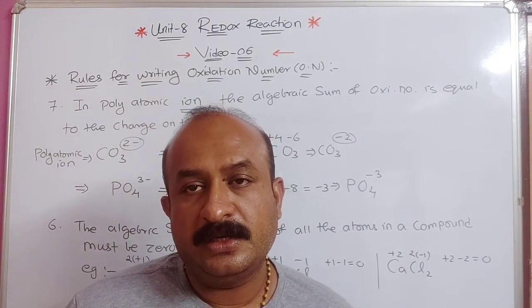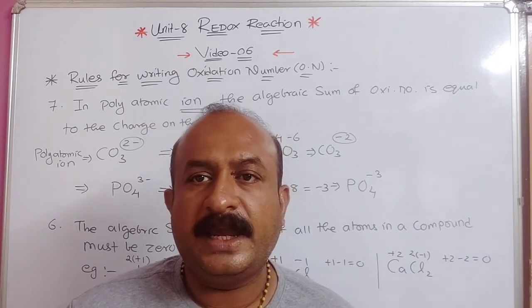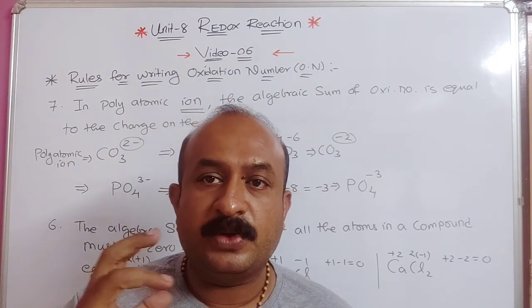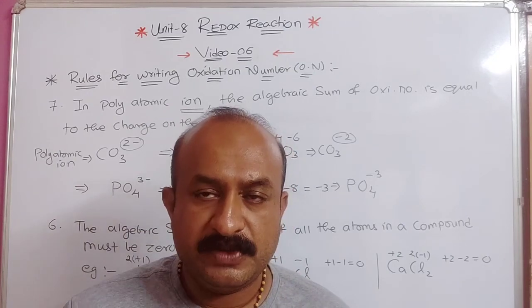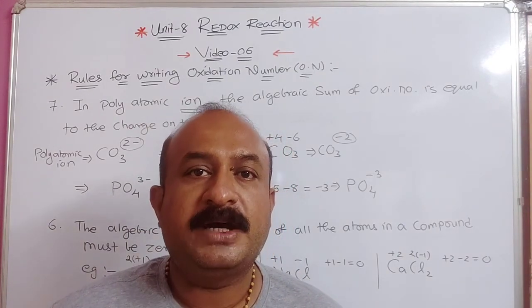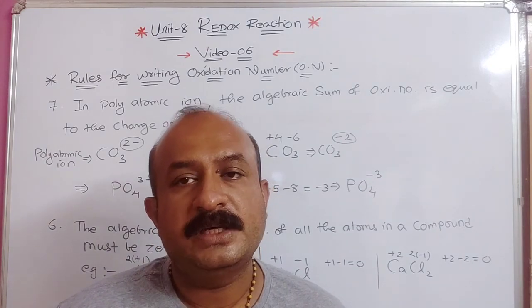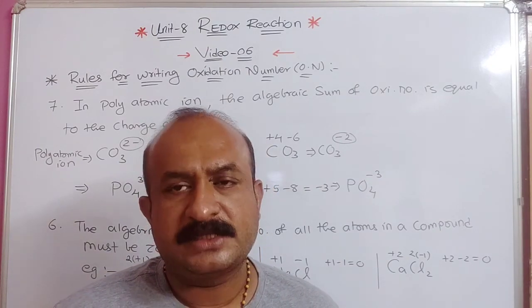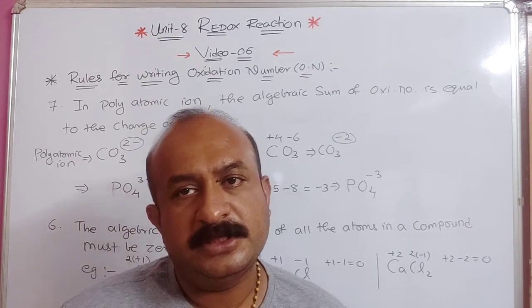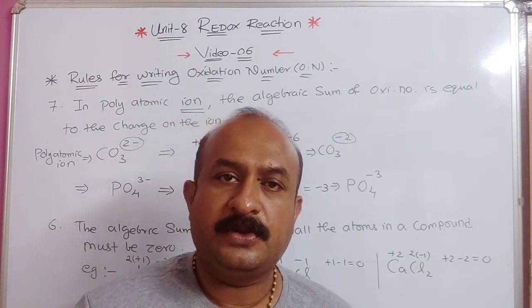We are most probably coming to an end of how to assign oxidation number. Then we will see certain examples, so that part will be easier for you to understand. In the next video we will see the remaining part, some exceptions in oxidation number, and we will continue. Till then, thank you very much.